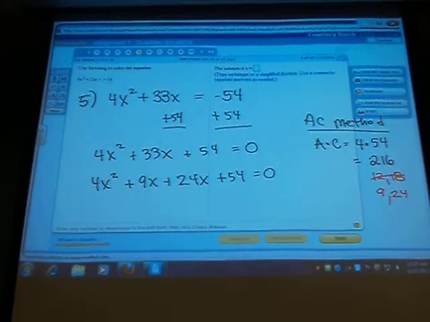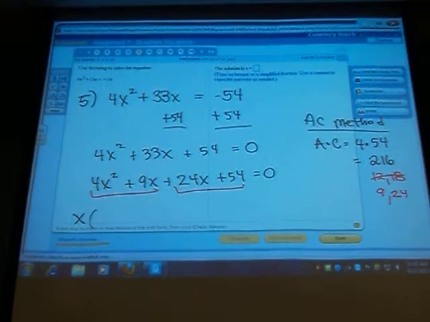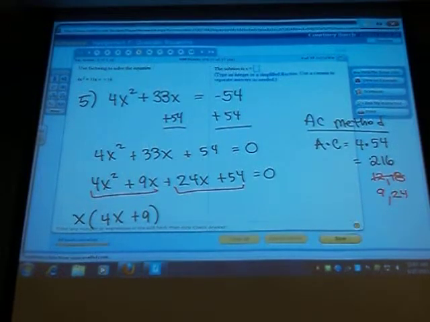So what can I take out of 24x and 54? Okay, you can take out a 2 or 3, or the highest would be 6.